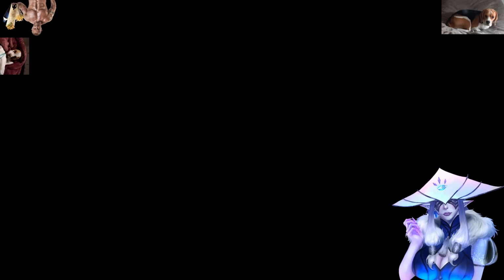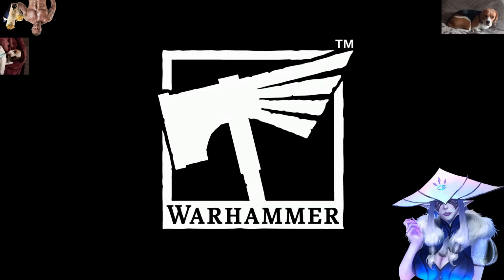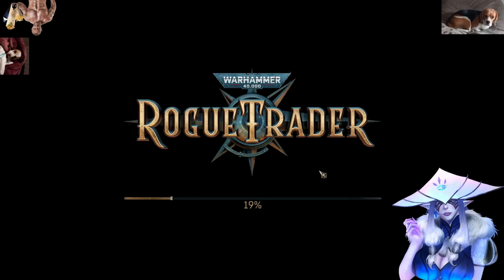And that just reminds me, I've forgotten to make the Pudzian faceplate. Not faceplate, the image we'll be using for him. I'm gonna have to quickly make that. There we go, Warhammer 40k Rogue Trader.